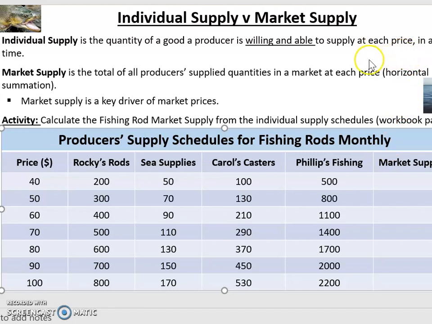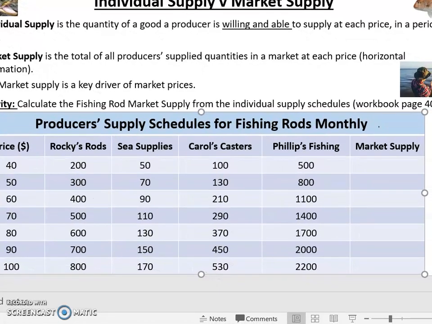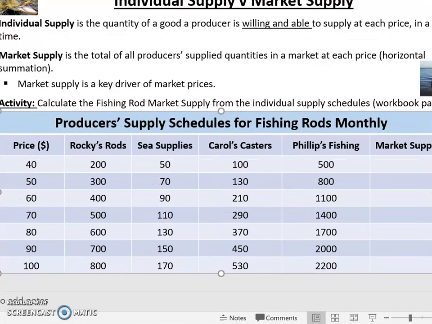So we're just looking at individual supply versus market supply. This follows the same pattern that individual demand and market demand exhibited, and that being that market supply is the total of all producers' quantity supplied in a market at each price, horizontal summation.